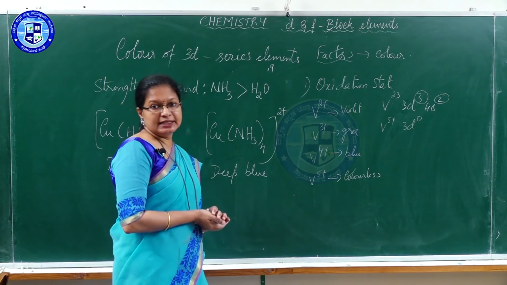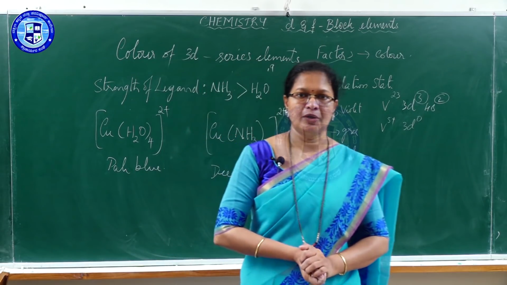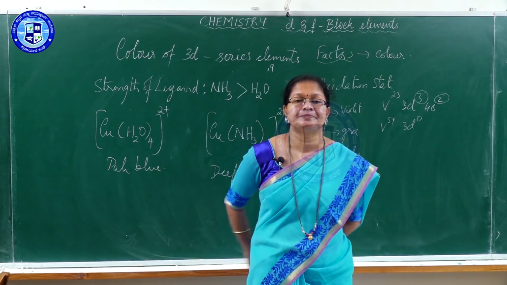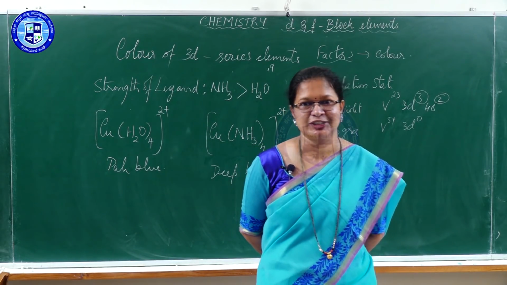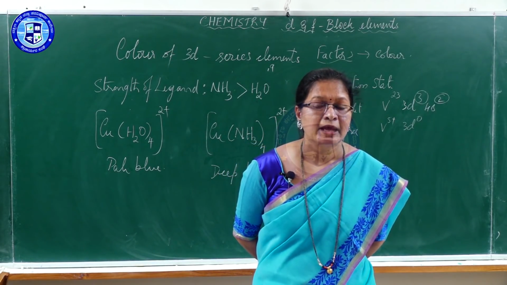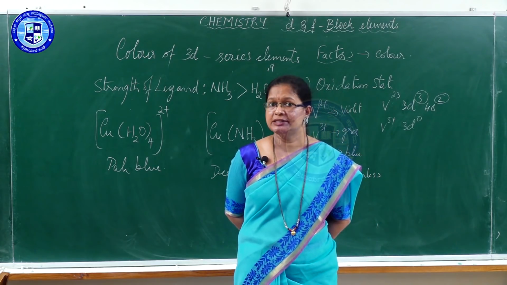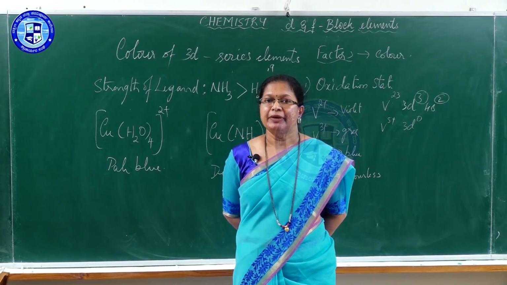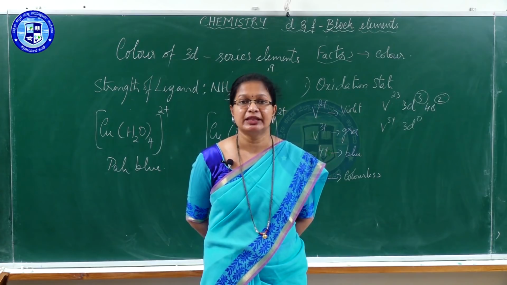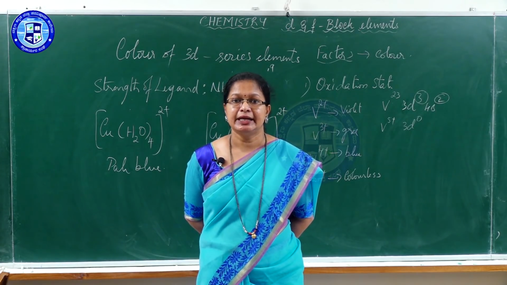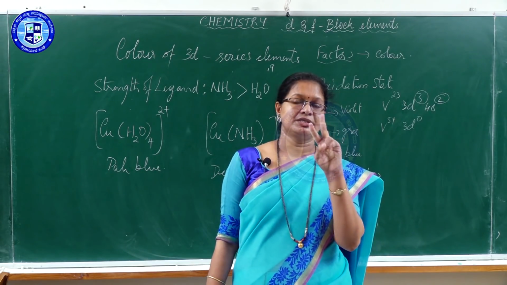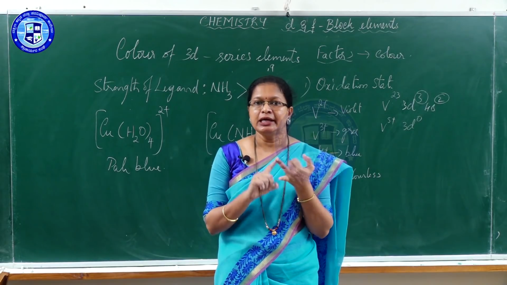Hence, to summarize what we have learnt about color, mainly the reason for color that d block elements exhibit. It is not on coordination compounds, it is on d block elements, color of d block elements. The main reason is d-d transition of unpaired electron. What is d-d transition? When a metal ion is present in the octahedral field, which is called the crystal field, that is along with the ligand, the metal d orbitals, which were earlier degenerate, split into 2 sets, which are the t2g set and eg set.